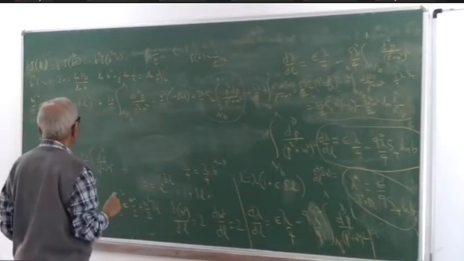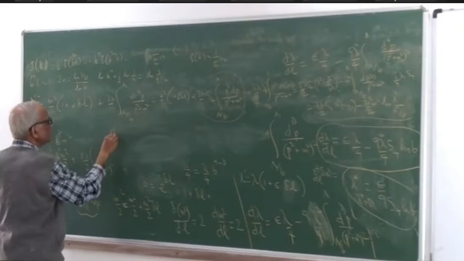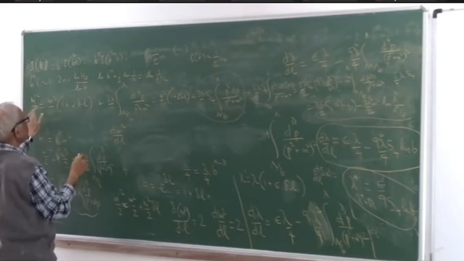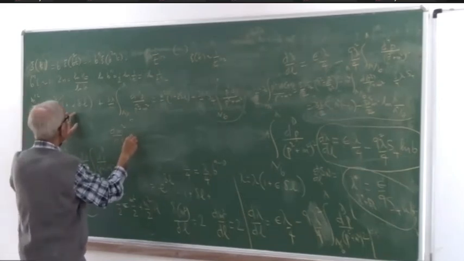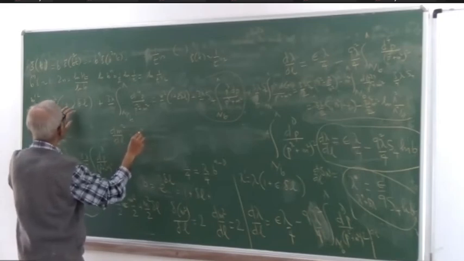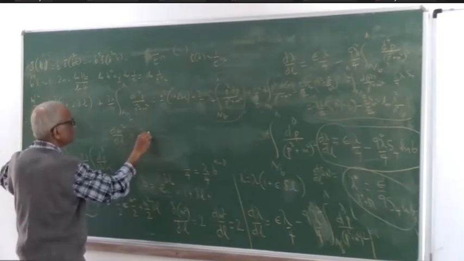All right. So here we are, dm square dl. So that is 2m square.